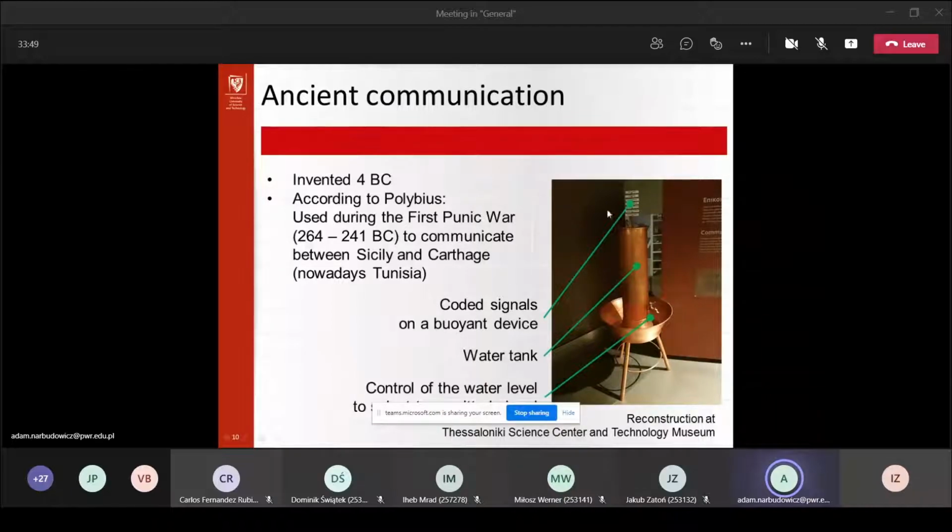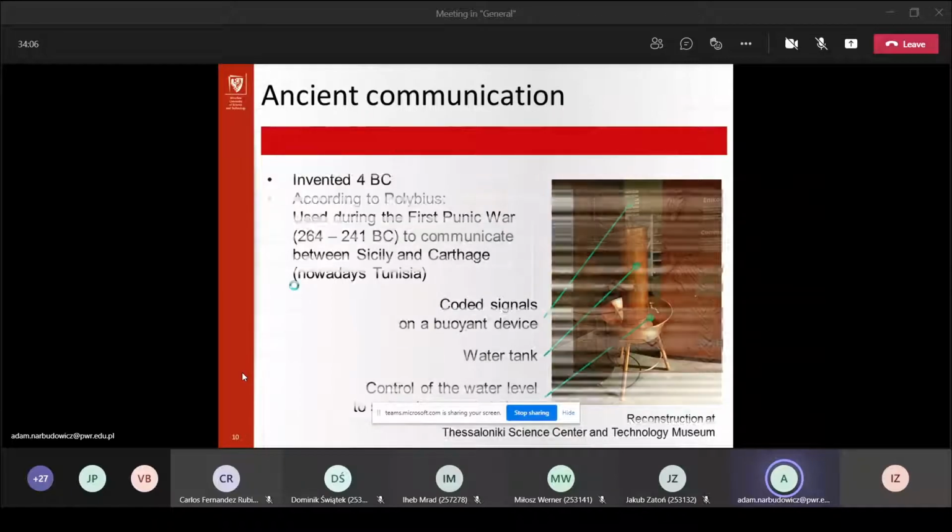So right, basically, here's the water tank. Here is a tap for removing water, and by making that upper or lower, somebody on the other island could see what you are trying to communicate.